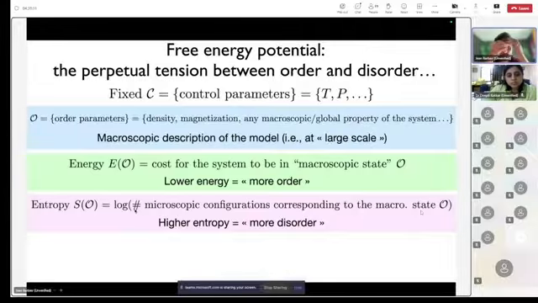And so there are two terms that contribute in constructing the free energy, the function that I was showing before. It's a competition between two terms. One is the energy, which is essentially the cost for the system to be in the macroscopic state described by these order parameters.